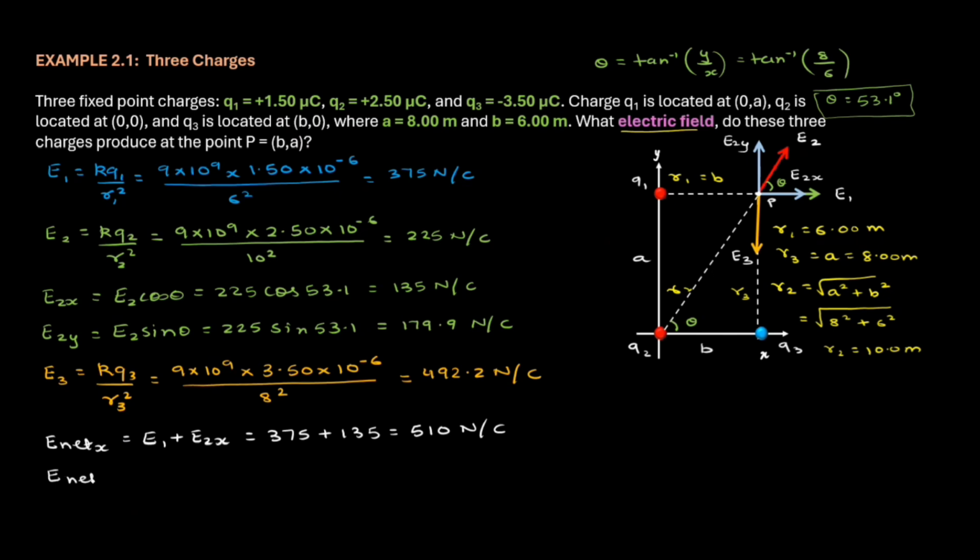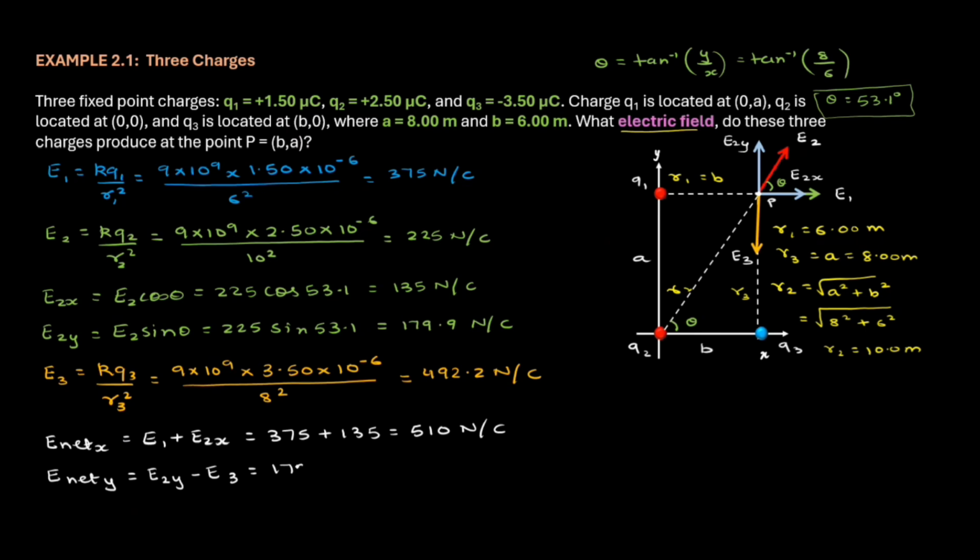We do the same thing along the y-axis. We write E net along y. Now along y, there are two components of electric field. One is E2y, which is going up, so we will take this positive. And then you have E3, which is going down, so we will take this negative. So you get E2y minus E3.